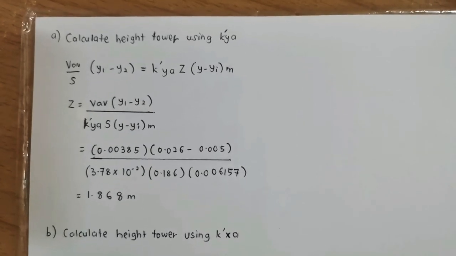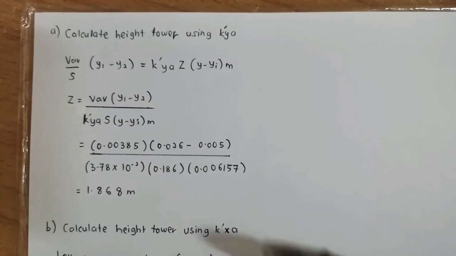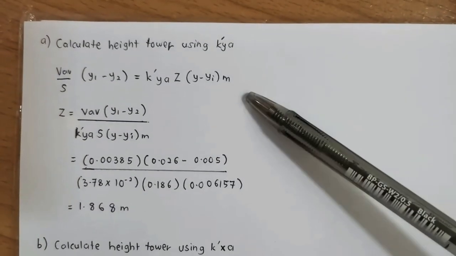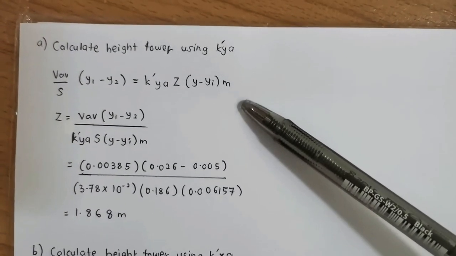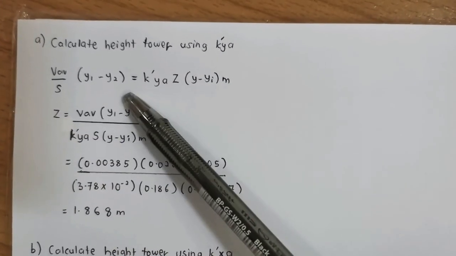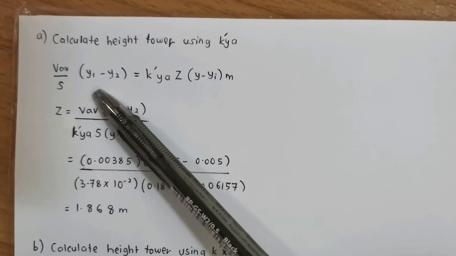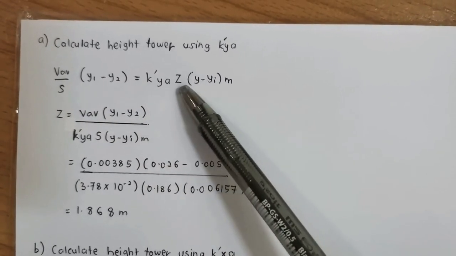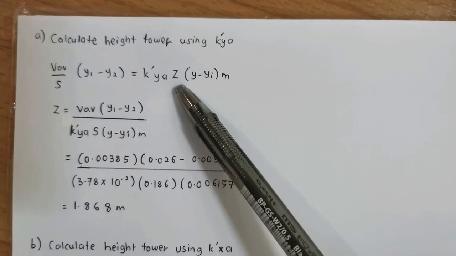So after all the information that we have solved just now, we can solve questions A, B and C. For question A, calculate tower height using K prime YA. The equation that we use is V average over S, y1 minus y2 equal K prime YA Z, times 1 minus y im. Z is what we want to calculate.